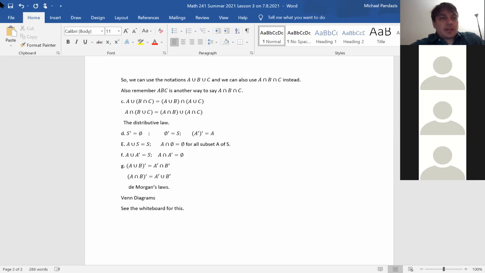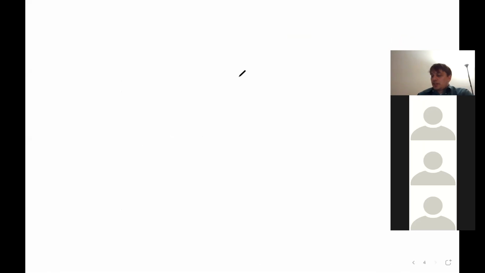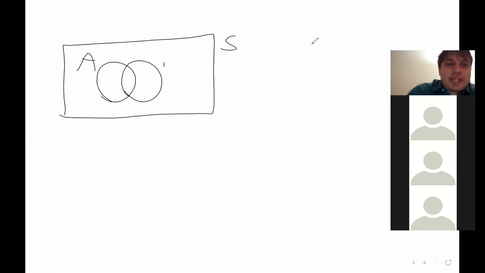Okay, so I already showed some Venn diagrams, so what I'm going to do is show some more. I already said out loud these things, but I want to say them explicitly, right? So if you have sets A and B, their intersection would be this, right? Their intersection would be in the middle part.